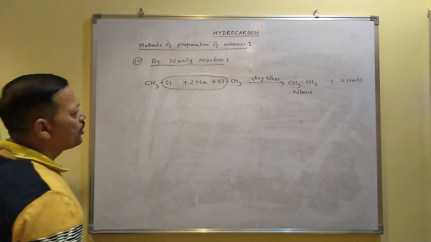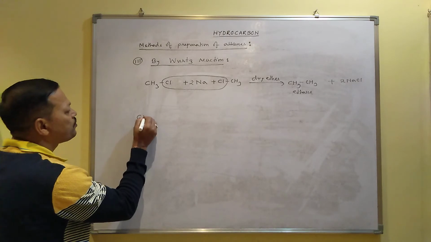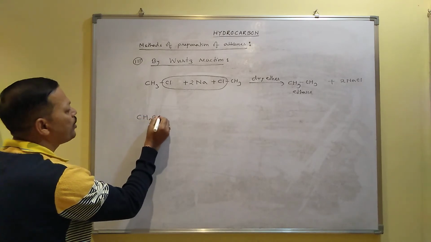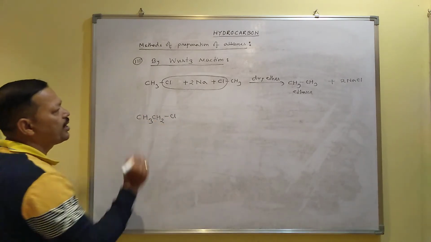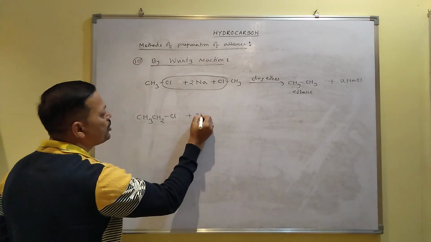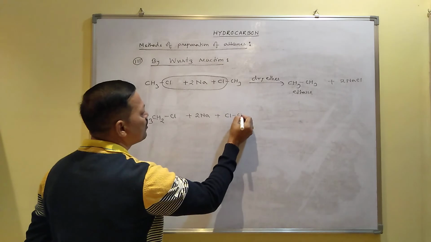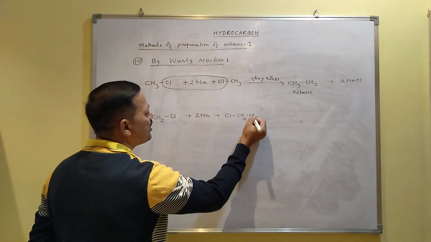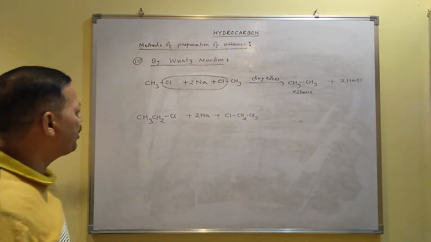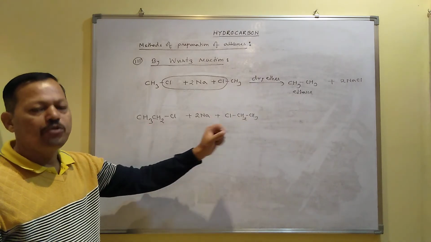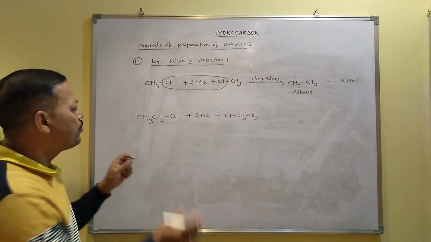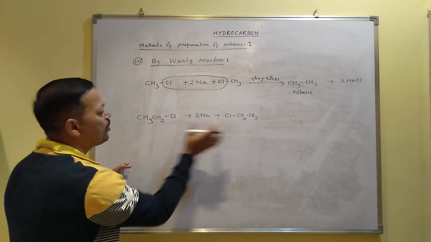Similarly, this is another example of haloalkane, CH3CH2Cl. When you react with sodium metal, and this is another haloalkane, both should be same. You can take different haloalkane also, but here I have taken similar haloalkane.